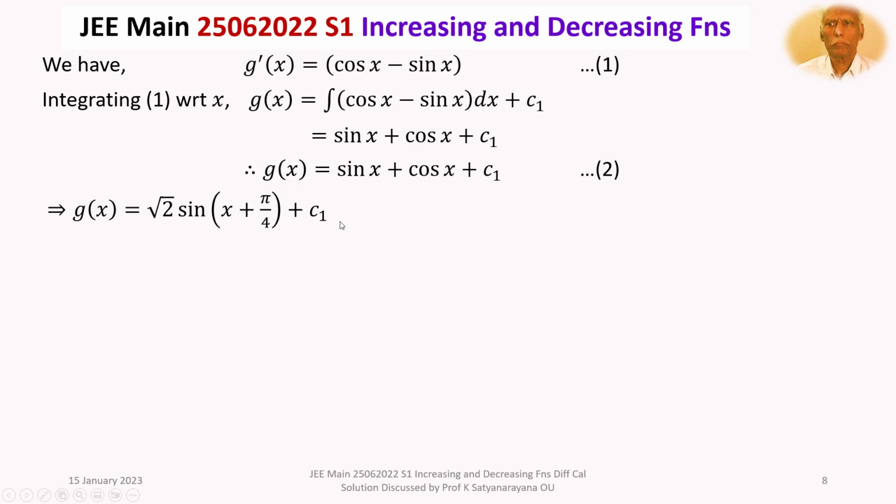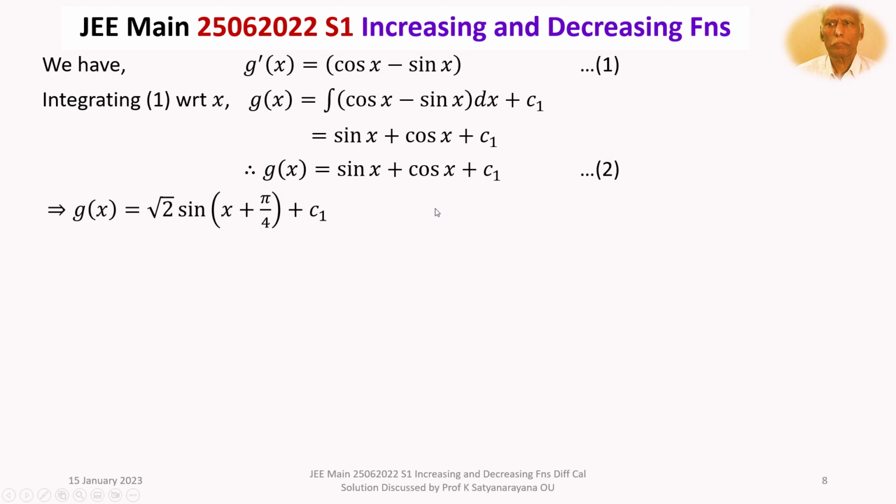Plus c1 means the graph will move upwards by c1 units. If c1 is positive, it moves upwards by c1 units. If c1 is negative, it moves downwards by mod c1 units.